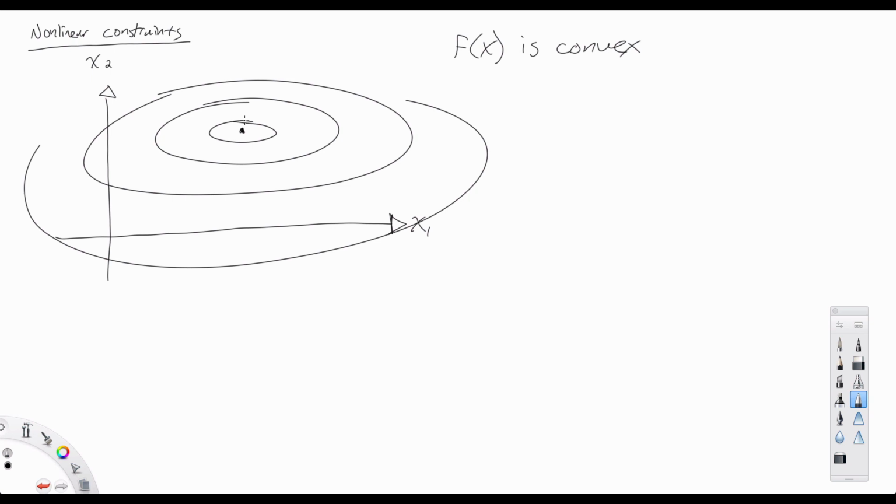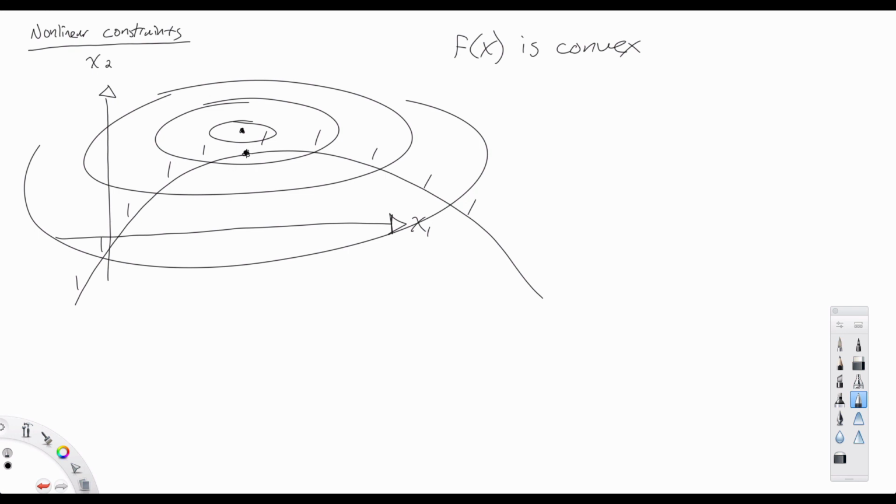But what if we go to a nonlinear constraint? Well, one nonlinear constraint might look like this. What if the infeasible side is on the side where the unconstrained minimum is? And then just graphically we could see, trying to go as far downhill as we can without violating this constraint, then we're going to have a minimum right here.